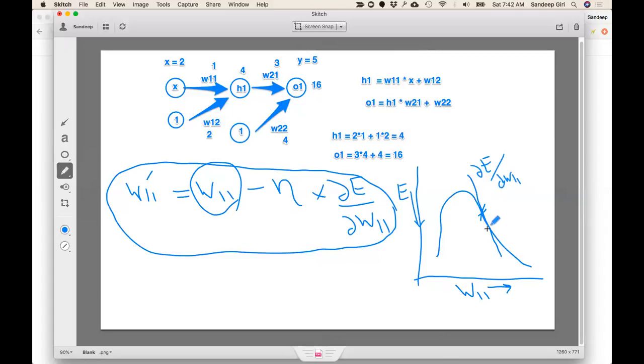Let's say we were just subtracting some value from W. If we had only eta, then no matter how steep the slope is, we would not move faster. This is basically what we discussed in gradient descent. So why are we using this formula?